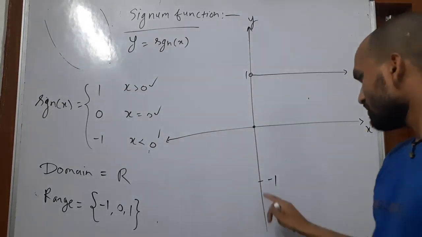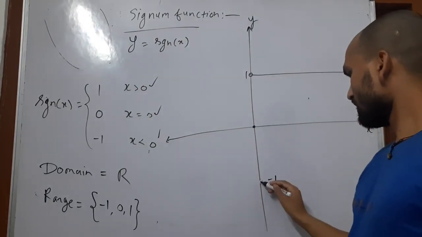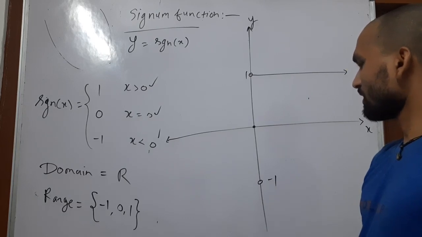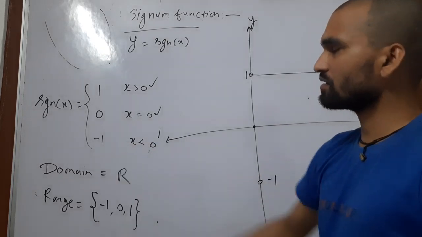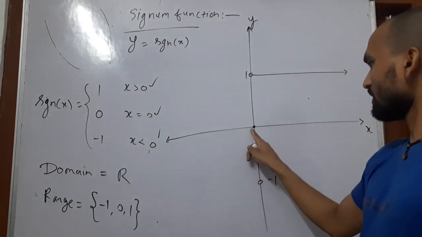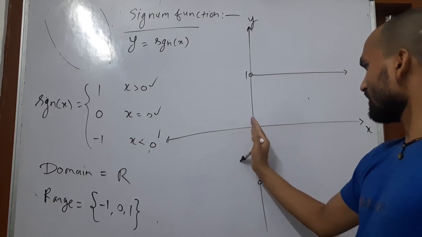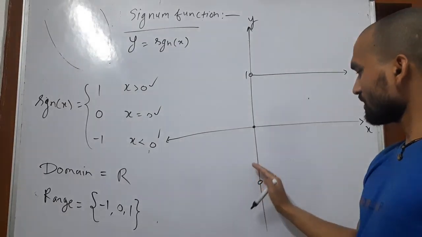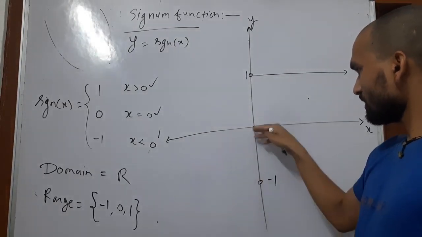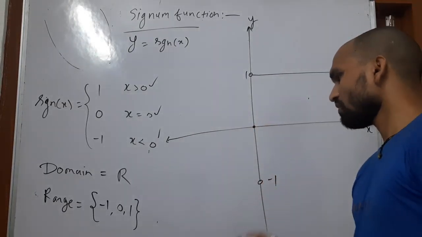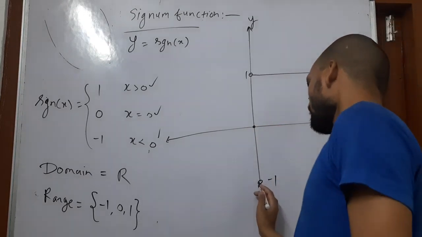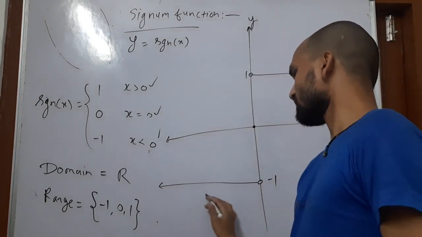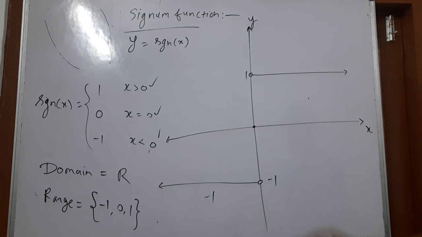Okay, now we take a hollow point here, because we are now taking x less than 0. For x less than 0, it starts after the origin, so we should not take the origin; we take a hollow portion in front of the origin. So when x is less than 0, the value is always negative 1, so this is the negative 1 value and this is the 1 value. So this is the graph of signum x.